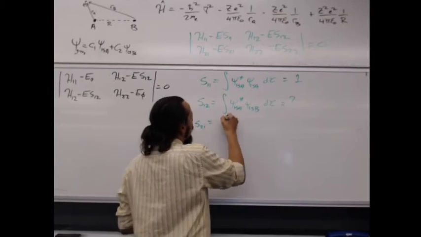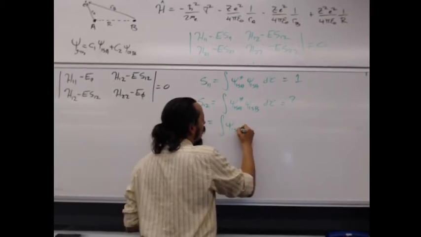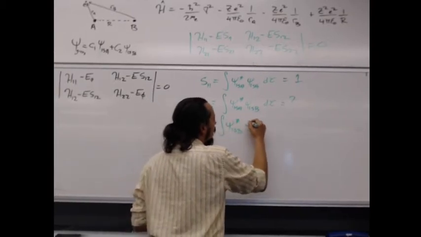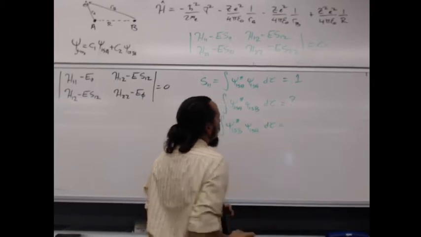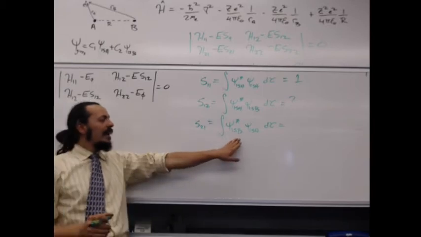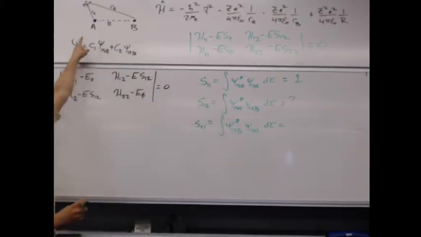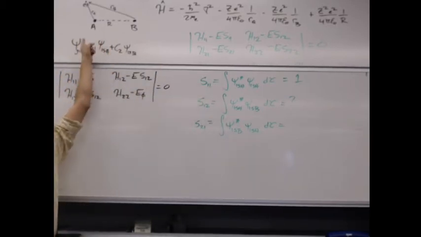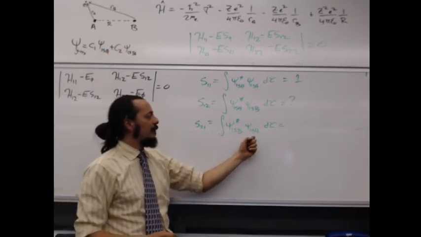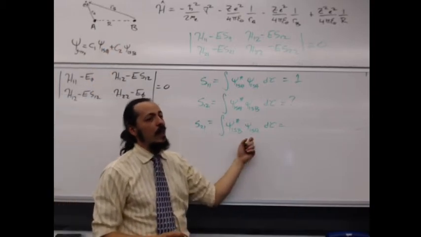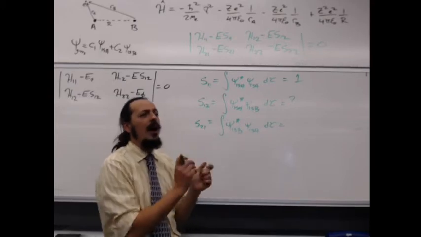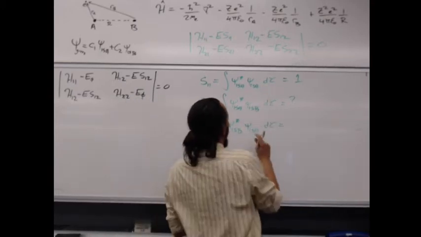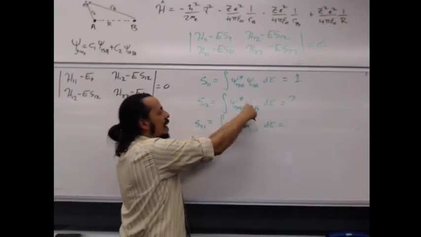S21 is going to be the integral of psi 1sb star psi 1sa d tau. Now, because this is just an offset by the nuclear coordinate r, these two functions are essentially going to be the same in terms of whether they're complex or not complex. They're just off by an offset. But this one's also off by that offset.